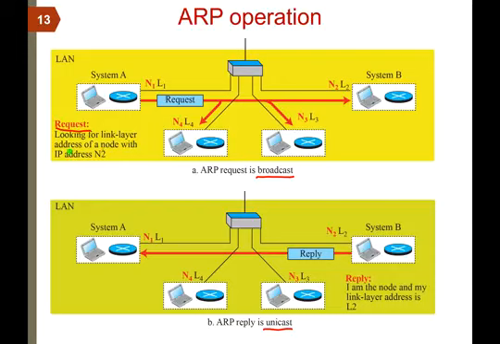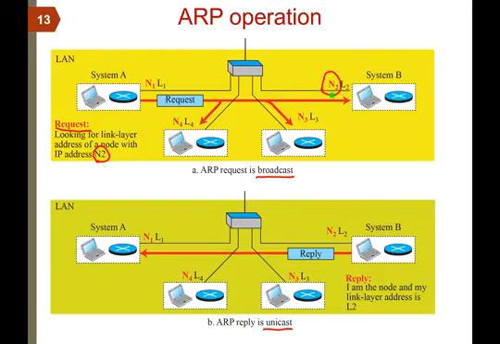System A is looking for a link layer address for a node with IP address N2, for example. So you need its link layer address, so you send a broadcast. Okay, so who has got N2 here?